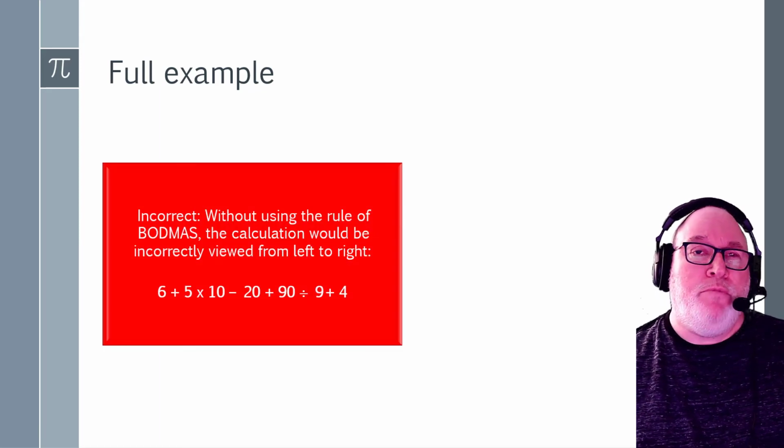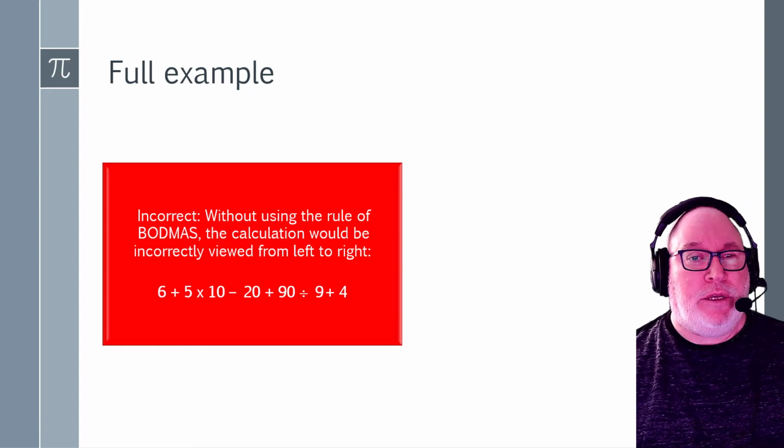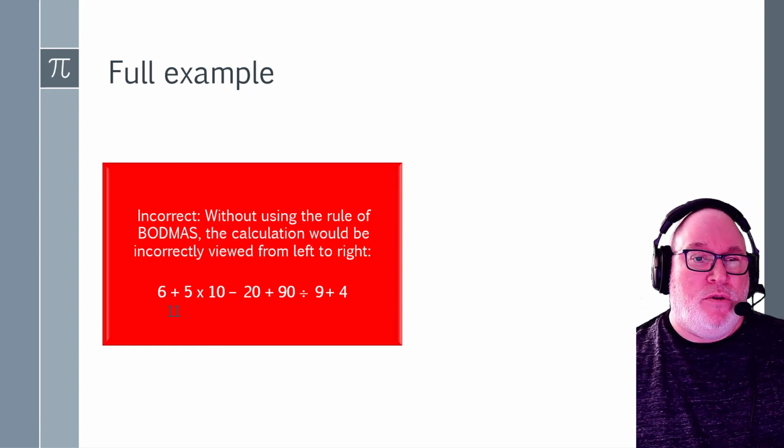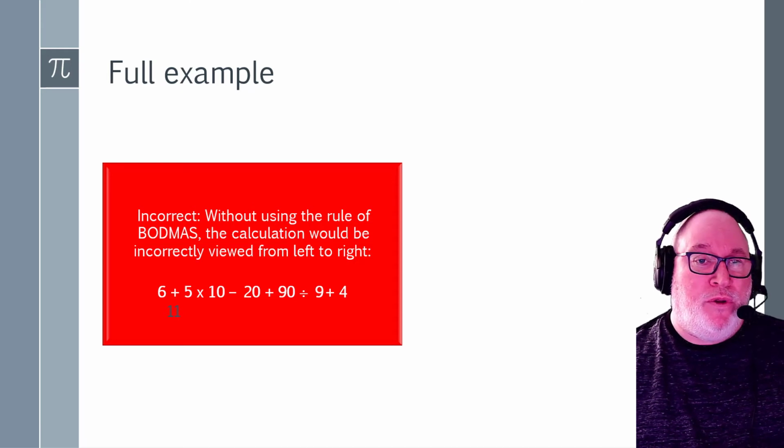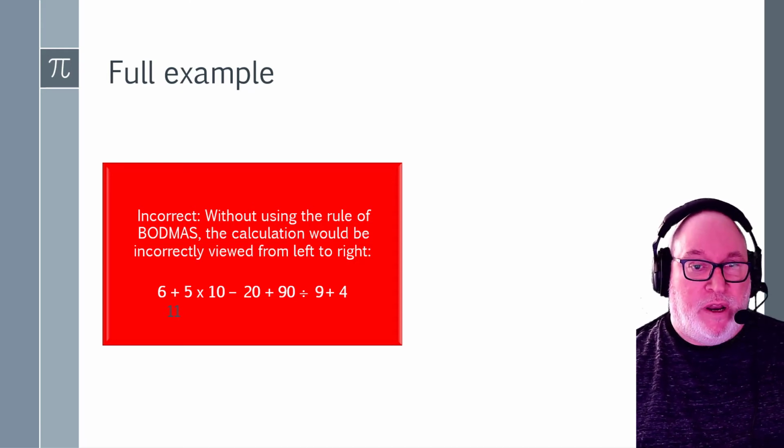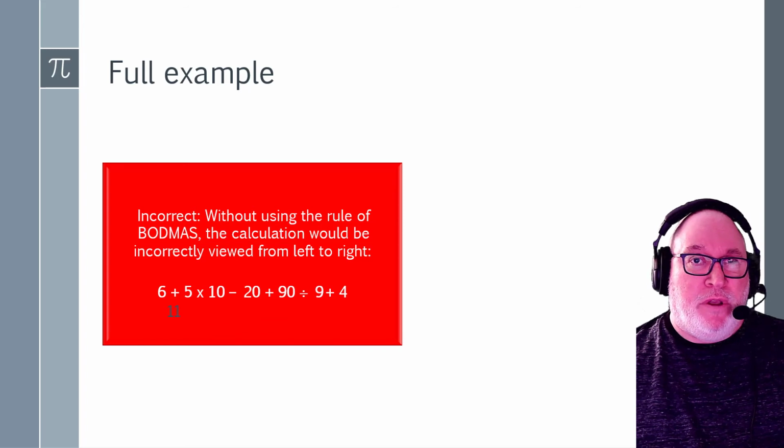So here's an example of how not to calculate when there is importance placed upon something. When we're not using BODMAS and there are no priorities, it's 6 plus 5 is 11. We're just working from left to right, as most people would do. We tend to work from left to right, especially in the West. So 6 plus 5 is 11.